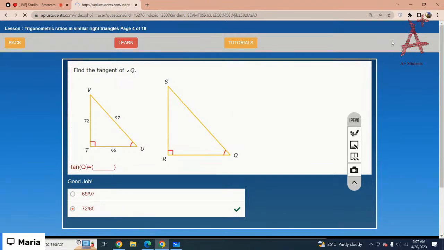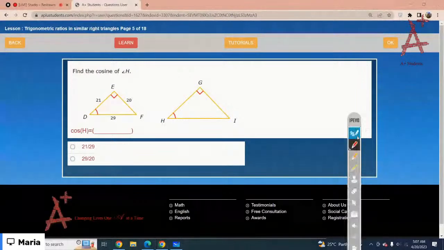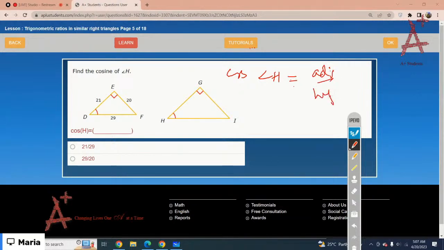Okay, the next one is what is the cos of angle H. Cos of angle H is adjacent divided by the hypotenuse. Got it?